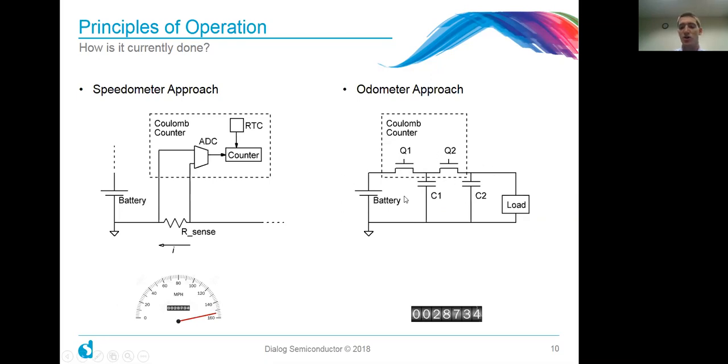So as the charge migrates its way over to the load via this matrix of FETs, you're going to be able to count the amount of coulombs that get passed. And now these are the two approaches, and they're kind of easily split into the speedometer and odometer approach.